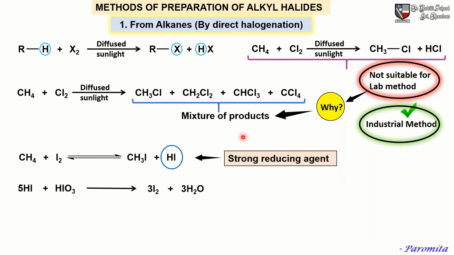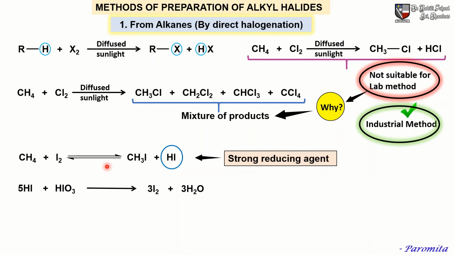Now, iodination of alkane is reversible. This is because the HI formed in the reaction is a very good reducing agent and it reduces the alkyl halides formed to the alkane again. So in this case, an equilibrium is set between the alkane and the alkyl halide.